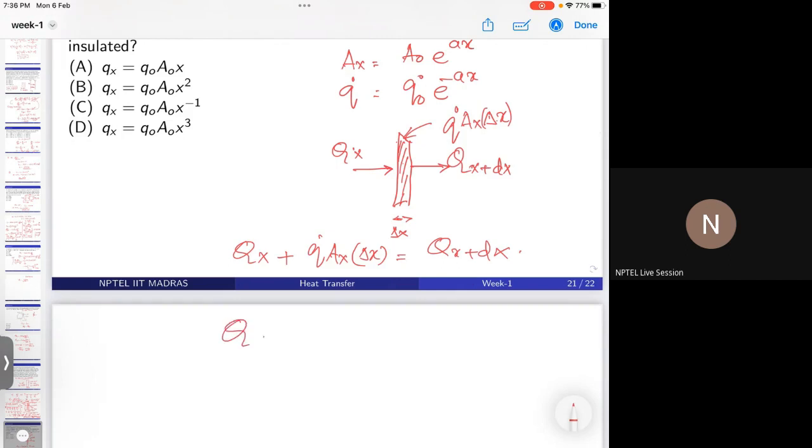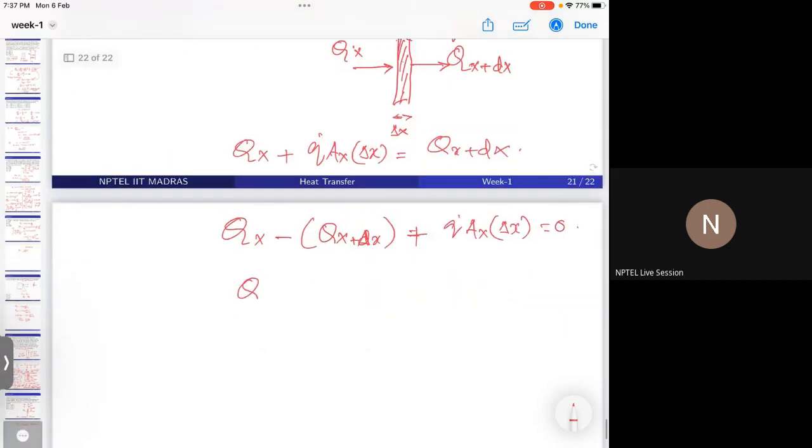Now Qx minus Qx plus delta x, plus Q dot A(x) into delta x, should be equal to 0. So Qx minus Qx plus delta x, divided by delta x, plus Q dot A(x) should be equal to 0.